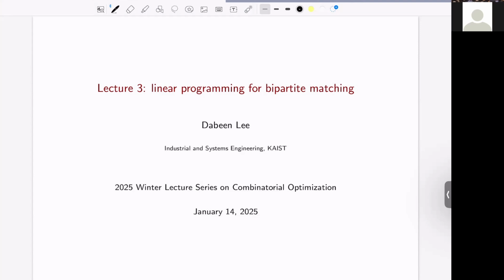Yesterday we started with some basics of graph theory, and we talked about the bipartite matching problem. We discussed this complex algorithm called the augmenting path algorithm. My apologies to those of you who had trouble following some arguments and steps of the algorithm.